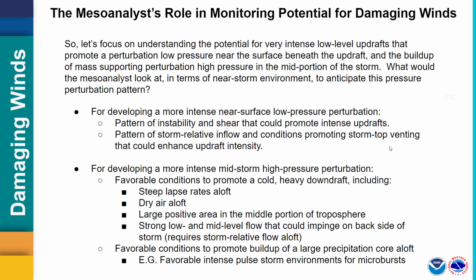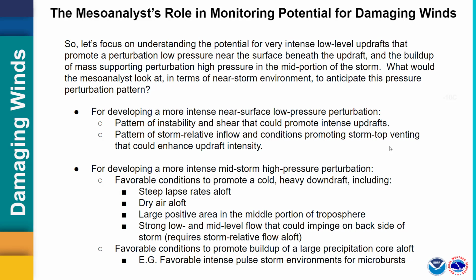So let's focus on understanding the potential for very intense low-level updrafts that promote a perturbation low pressure near the surface beneath the updraft and the buildup of mass supporting perturbation high pressure in the mid-portion of the storm. What would the mesoanalyst look at in terms of near-storm environment to anticipate this pressure perturbation pattern?